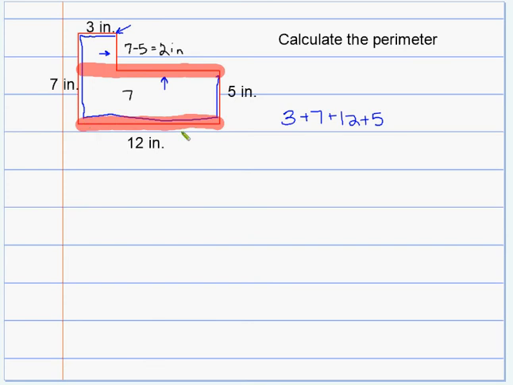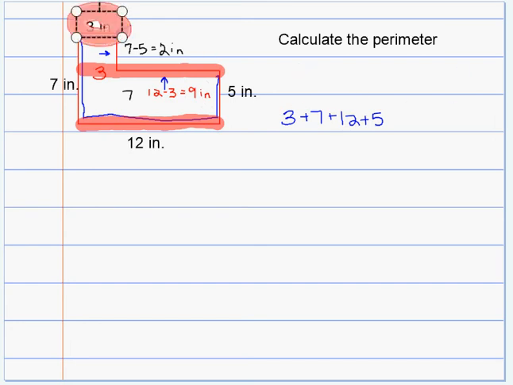So that length is 12. This length has to be 12, but I already know this piece up here is 3. So if this is 3 here, and this whole thing has to be 12, this side is really 12 minus 3, which equals 9 inches.